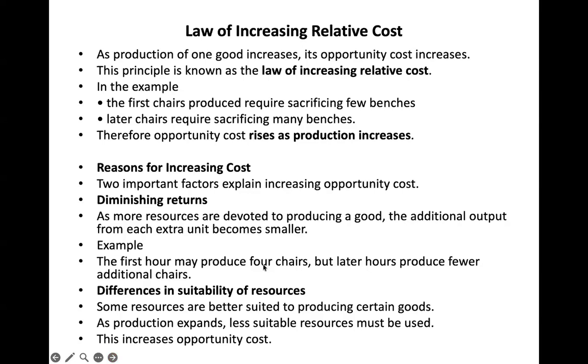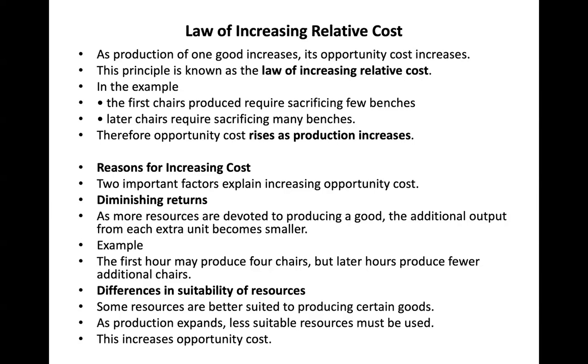And we are saying that we have 2 major reasons for increasing opportunity cost. The first is diminishing returns. When you add more resources in producing a good, the additional output from the extra unit becomes smaller.